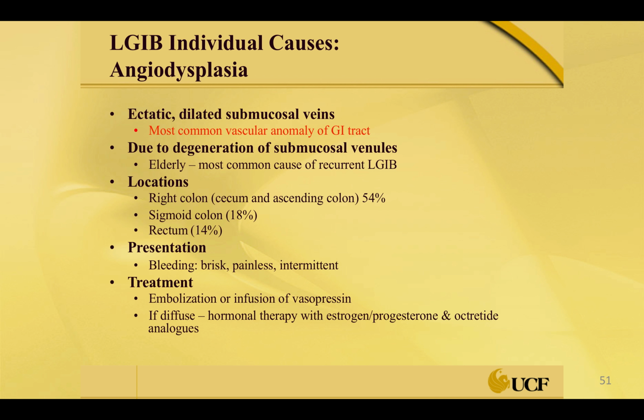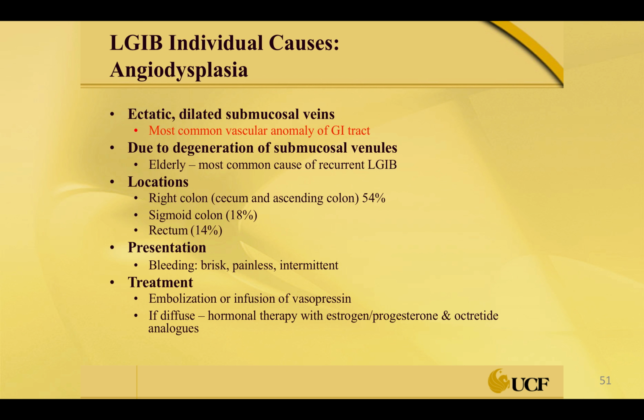So when you see an elderly patient taking NSAIDs and a painless bleed, again, you can suspect a ruptured diverticula, which is a very common cause of LGIB in older age, but it can also be associated with angiodysplasia.